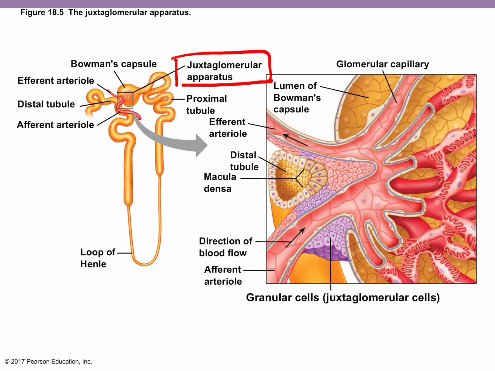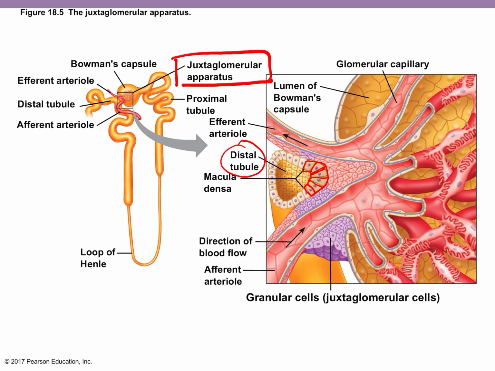The juxtaglomerular apparatus, which is a tongue twister, remember that that is a collection of cells at the junction between the distal tubule and the Bowman's capsule, and it's going to contain a couple of cells that are of interest to us. So the macula densa, we'll be talking about the macula densa cells.